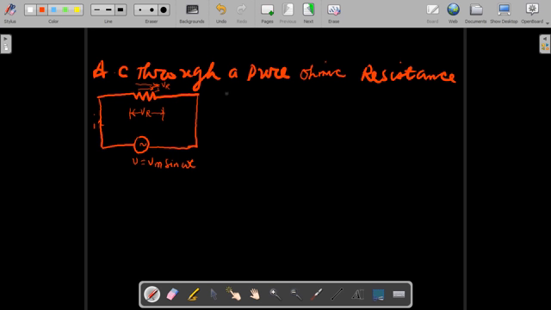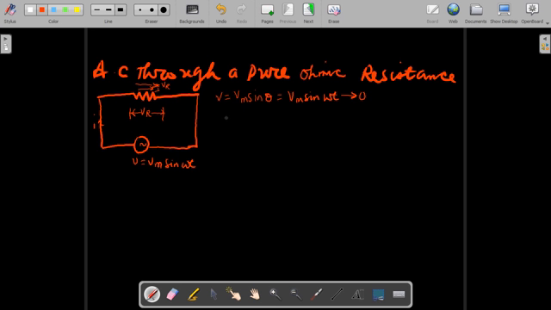Now, assuming that the voltage applied to the circuit is of the form v = Vm sin θ, which is the same thing as Vm sin ωt. Let's call this equation 1. Now let R be the ohmic resistance, and small i also be the instantaneous current flowing through the circuit.